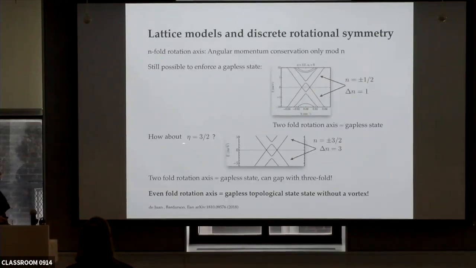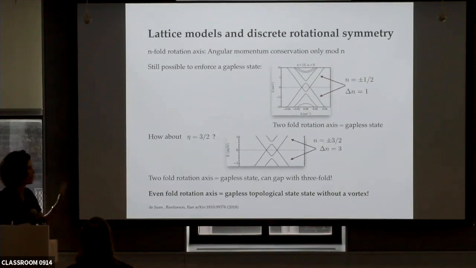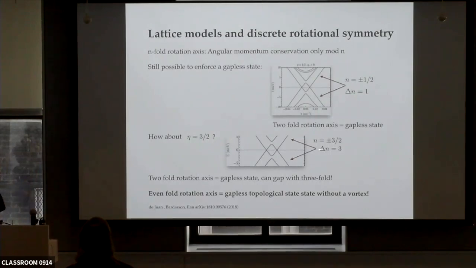If you increase the flux, you go to 3/2. You need a half integer unit to get an odd number of modes. You go to 3/2, the mismatch becomes 3. And then again, if you have a 2-fold rotation axis, you would still get a gapless state. However, if you have a 3-fold axis, then those states are identical and you can pair them. So it's important what the symmetry is.